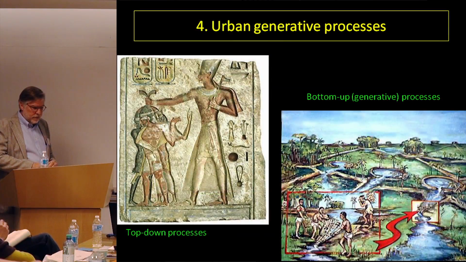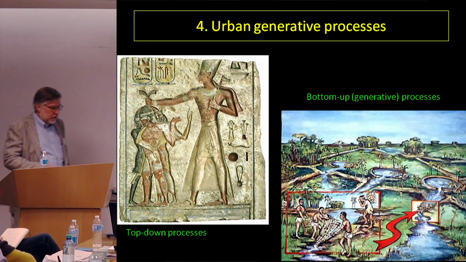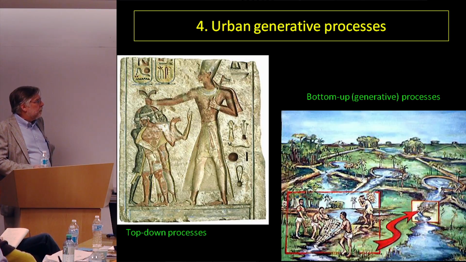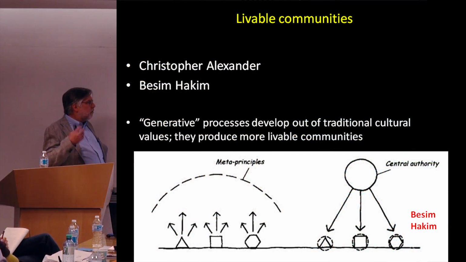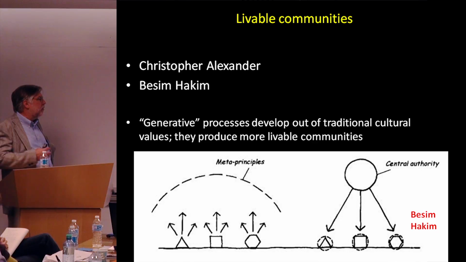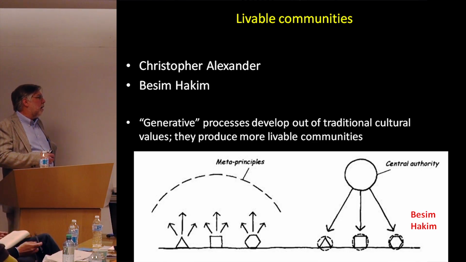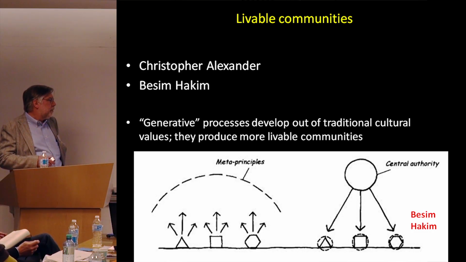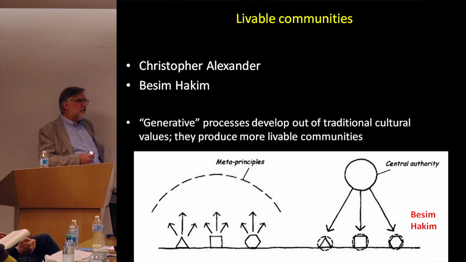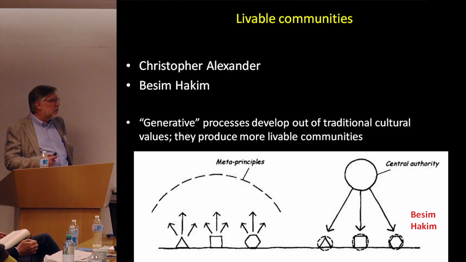Urban generative processes. We have top-down processes and bottom-up processes. And one way this comes out in modern urban studies is livable communities. Christopher Alexander, urban planner, Besim Hakim, urban planner, they talk about generative processes developing out of traditional cultural practices leading to more livable communities.